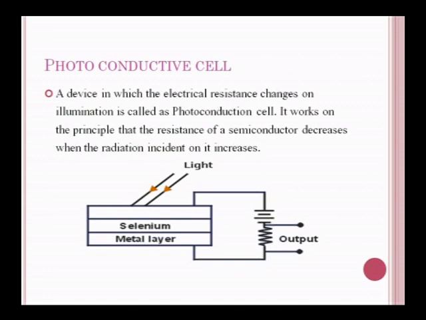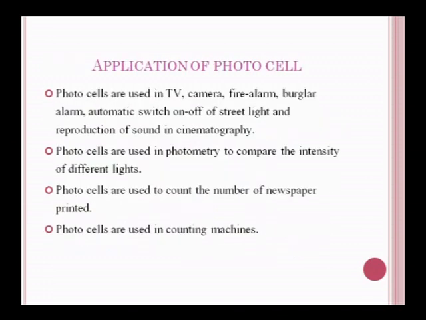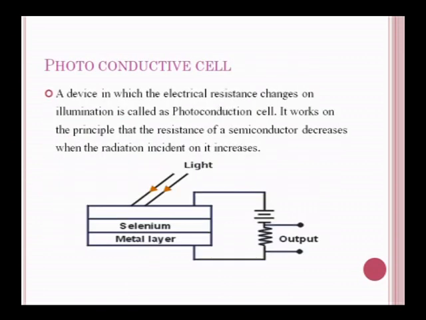Here, this device is purely based on conductivity, that is, as the light falls on a semiconductor, the conductivity of the semiconductor changes. So, this also consists of a semiconductor layer, where if the external light possesses a threshold frequency and falls on it, then instantaneously its resistance changes.